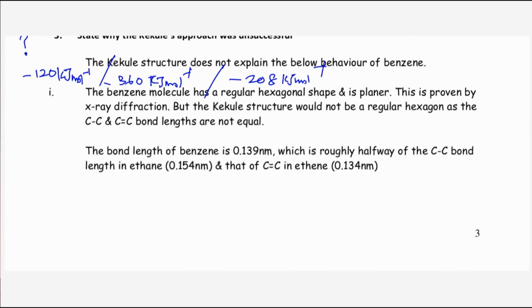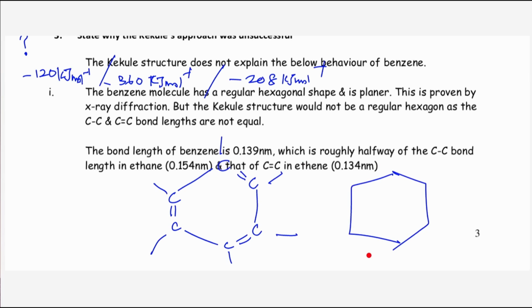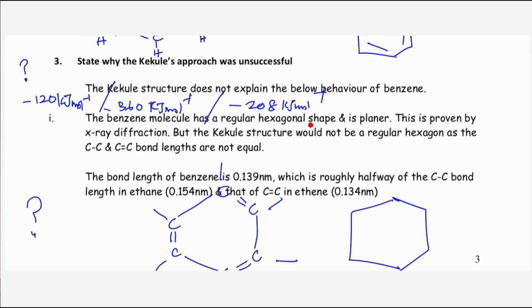But we know the double bonds are shorter, single bonds are longer. So in fact, benzene has to be like this, right? It can't be a perfect regular hexagon this way, right? So third question mark.